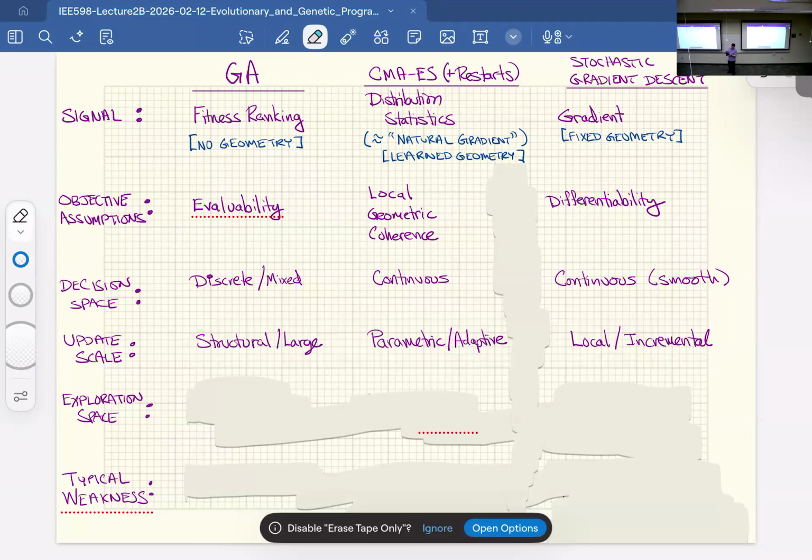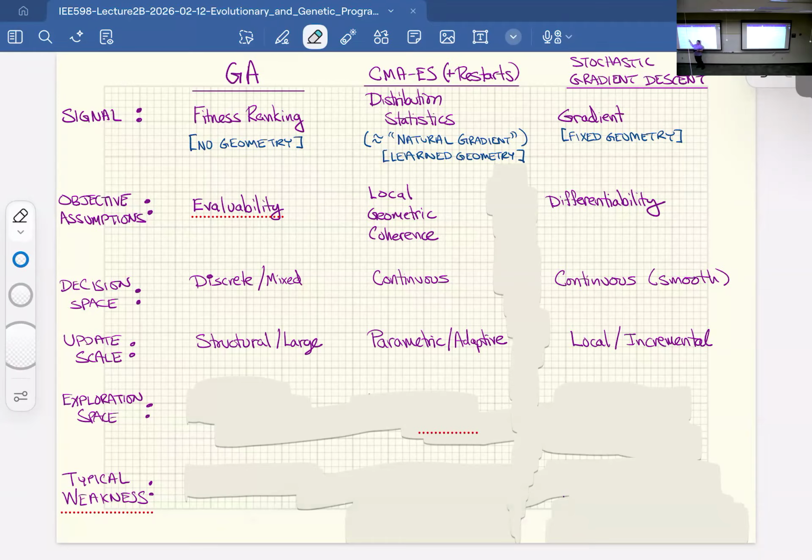Okay, and then update scale. So similar to that, the GA is really focused on trying to be a global optimizer. You give it a diverse set of solutions, and although diversity will eventually be purged, it tries to use that diversity not to bring things closer together to exploit, but it tries to maintain as much exploration as possible.